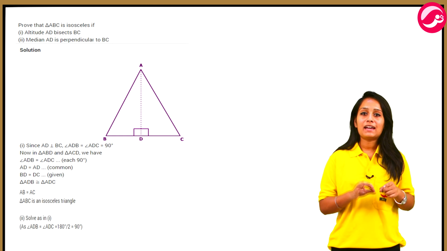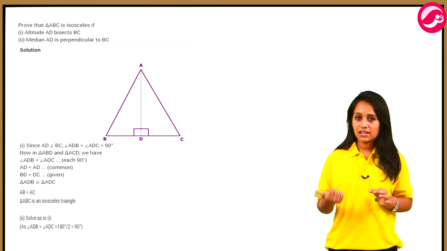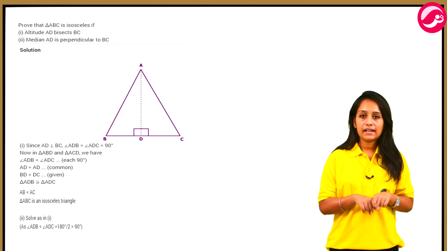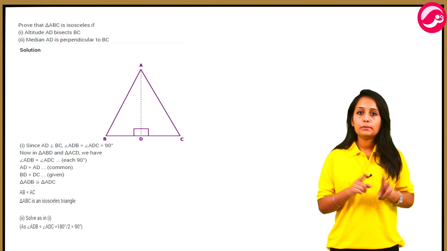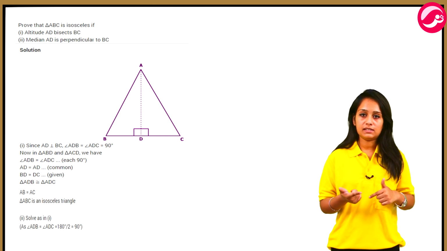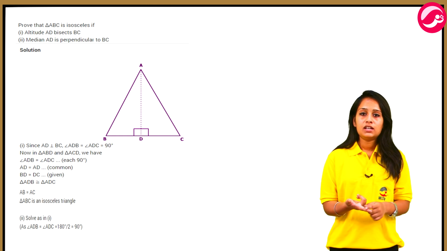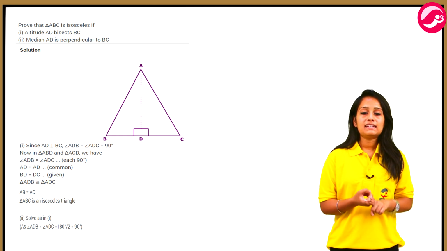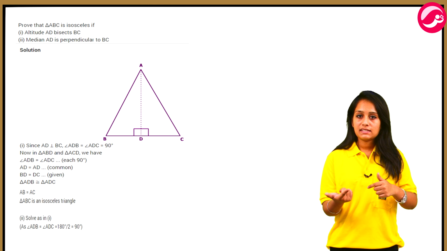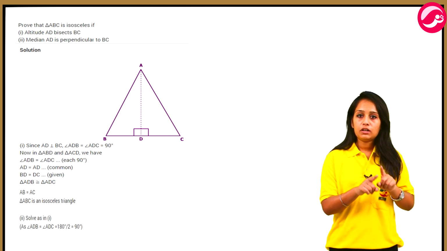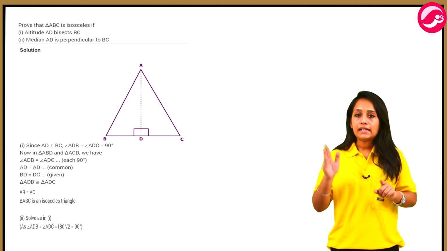Prove that triangle ABC is isosceles if, first, altitude AD bisects BC, second, median AD is perpendicular to BC. So the solution goes as, for the first part of the problem, since AD is perpendicular to BC, so angle ADB equal to angle ADC is equal to 90 degree.